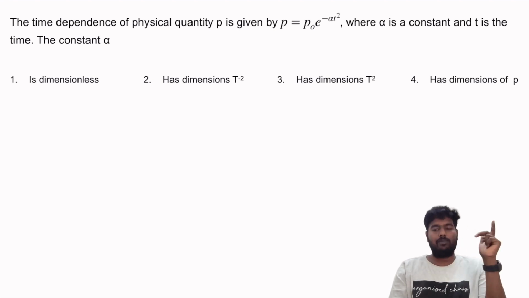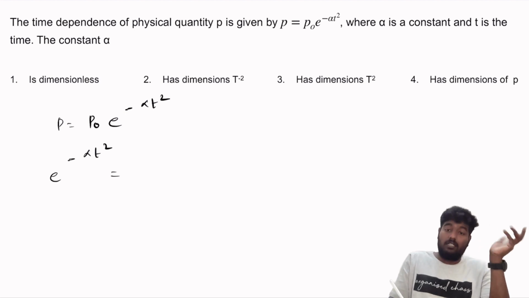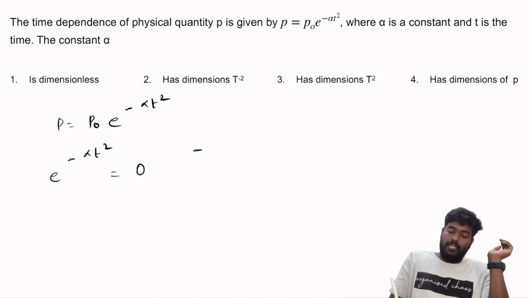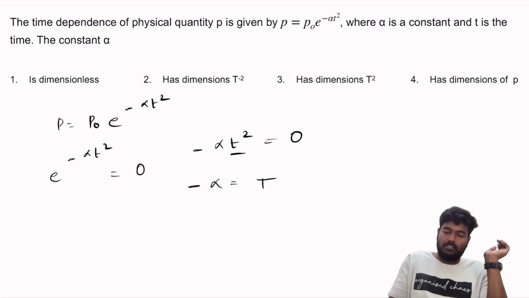So e power minus alpha T square does not have any dimension, or the dimension is 0. Meaning that minus alpha T square's dimension is 0. We have T square.